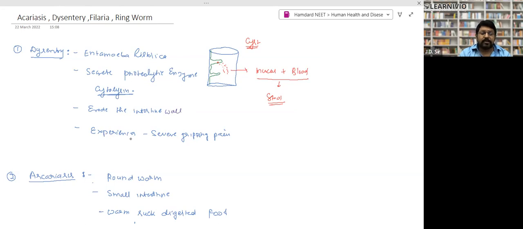The person experiences severe gripping pain, and mucus and blood come out with the stool, right? Here you have to remember just the name of this pathogen, which is a protozoa, Entamoeba histolytica, and the cytolysin enzyme, which is responsible for degrading protein. Clear?